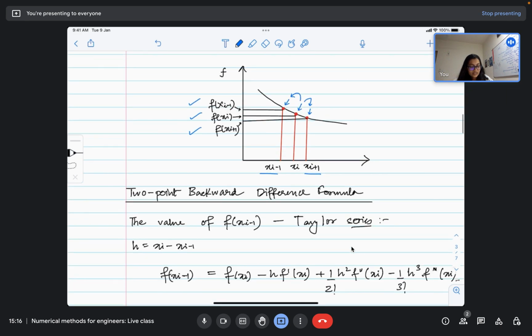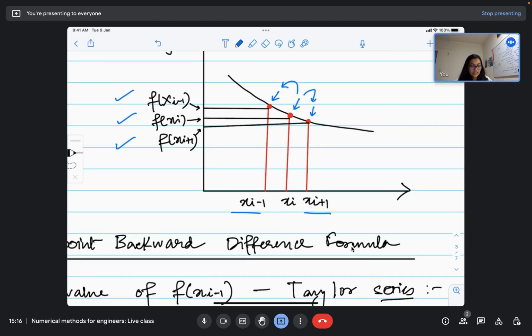So what does the 2-point backward difference formula basically mean? We'll take an idea from the graph first. What we are ultimately trying to do here is find the derivative at this point, xi only, okay? But in order to find it, in the backward difference formula, we are basically using the points xi minus 1 and xi.